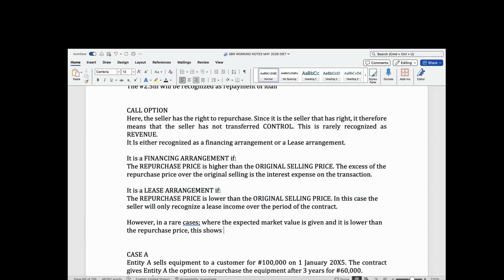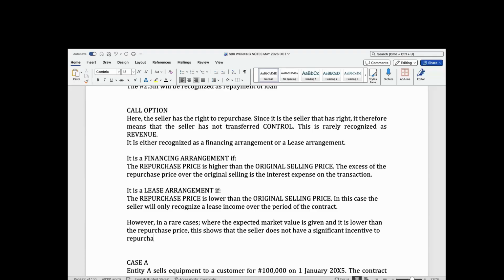So this shows that the seller does not have a significant incentive to repurchase, and so it can be recognized as revenue.